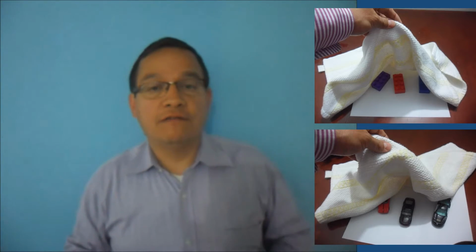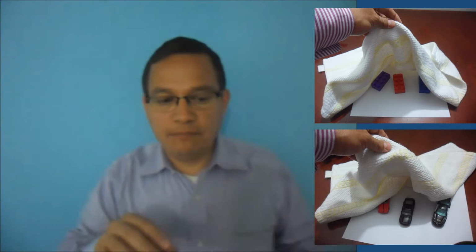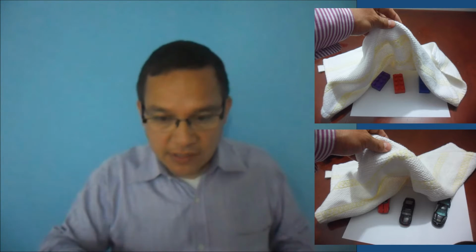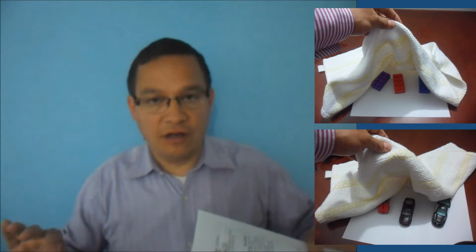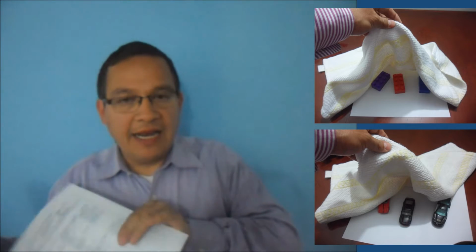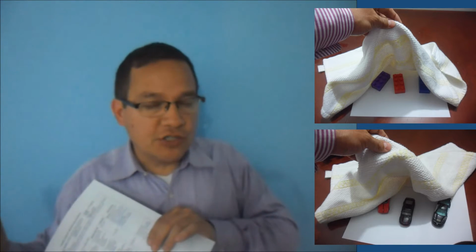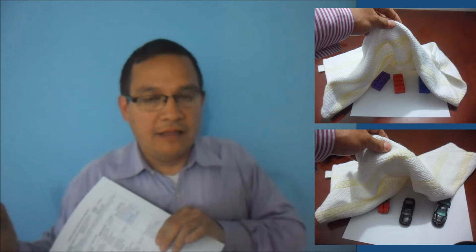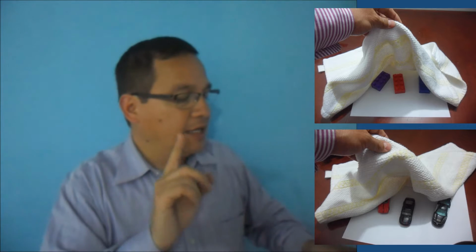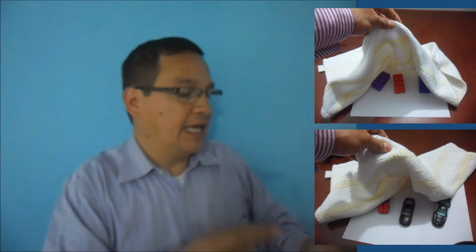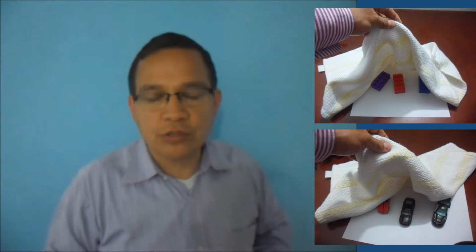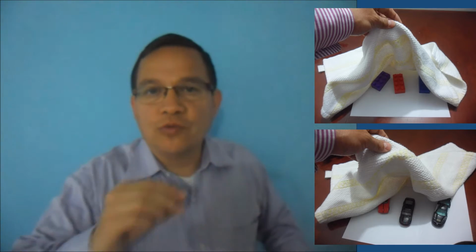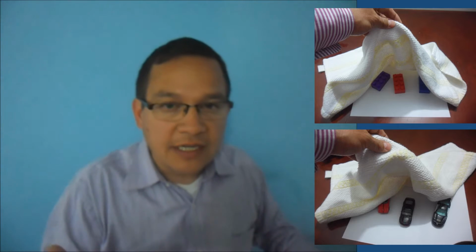The second part of this activity consists in putting some items, some toys, and covering them with a piece of cloth, letting them see the items for a short time and covering them again. At that moment I would ask who can tell me how many Lego blocks or Hot Wheels cars they saw.